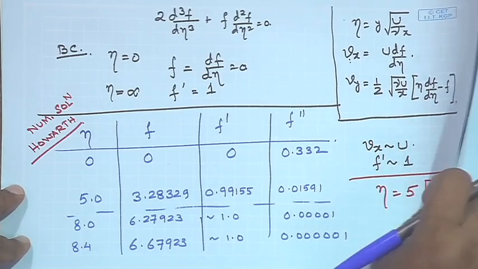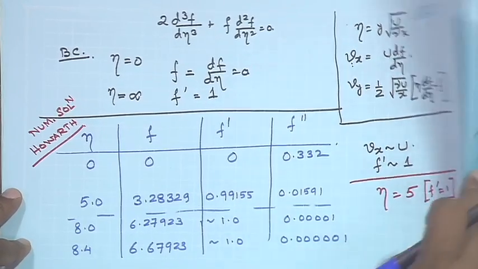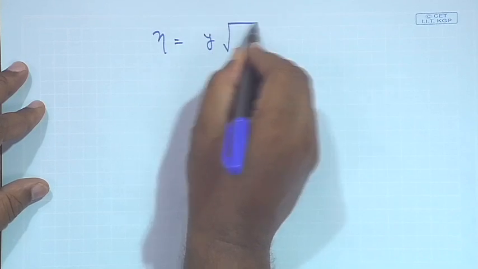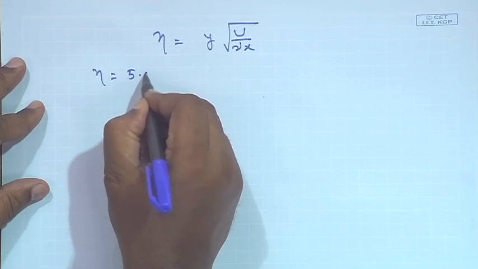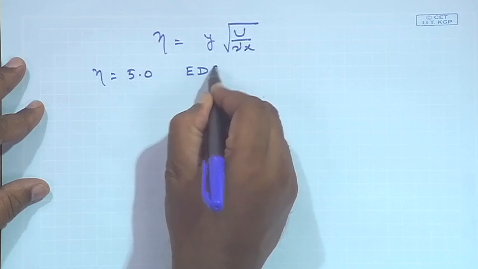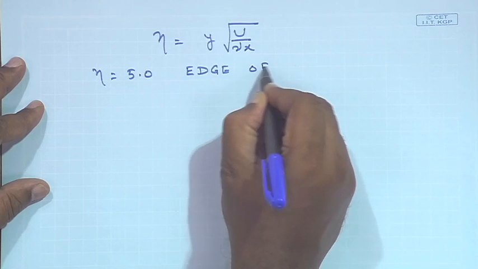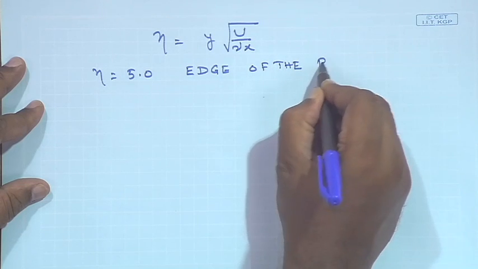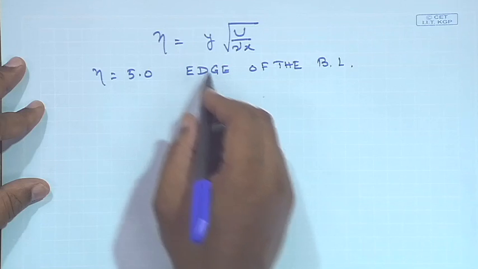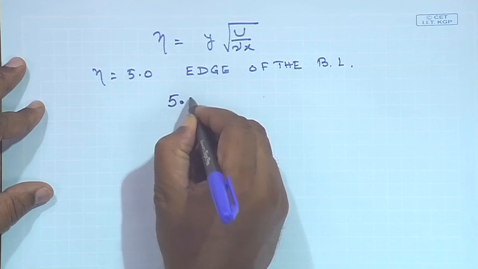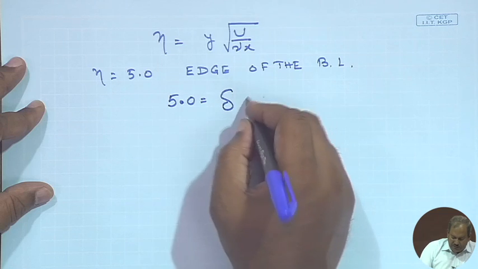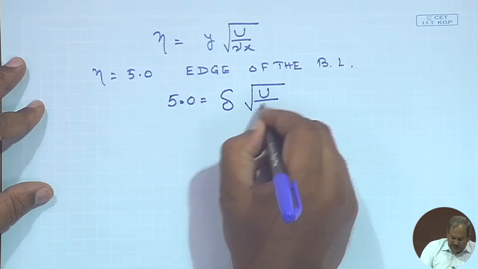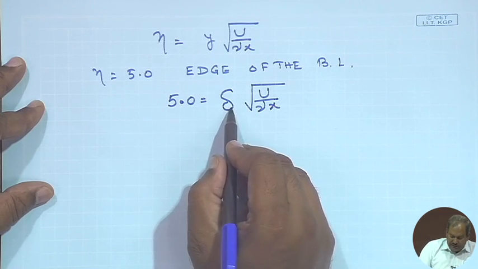So, let us see how that helps us. We understand that by definition eta is y root over u by nu x, and eta equals 5 can be taken as the edge of the boundary layer. So, if that is so, then at that point when eta is 5.0, this y would simply become equal to delta, where delta is the thickness of the boundary layer.